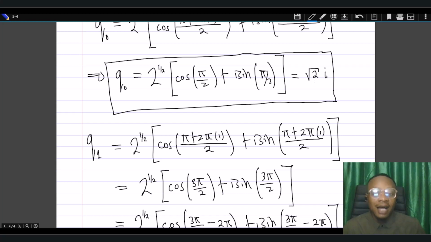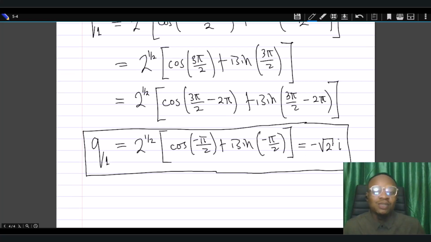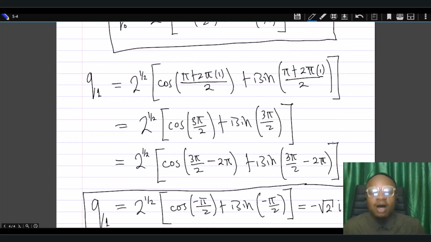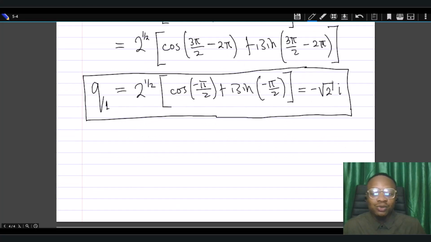If you pick i and square it, it will give you minus 1. So at the end of the day, the square of this is minus 2. The same thing here, if you pick minus root 2 and square it, it will give you 2. When you square i, it will give you minus 1. So the square of this is also minus 2. That confirms for us that indeed the square roots of minus 2 are root 2i and minus root 2i.